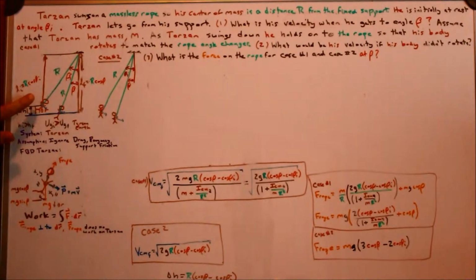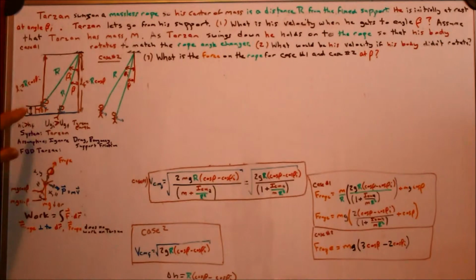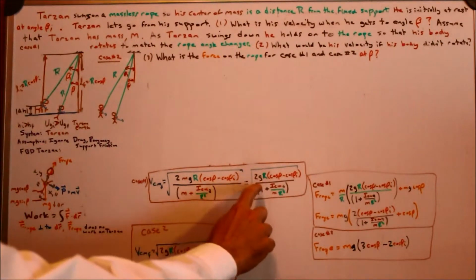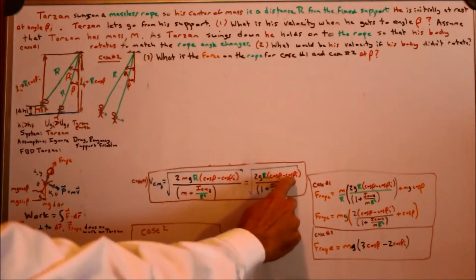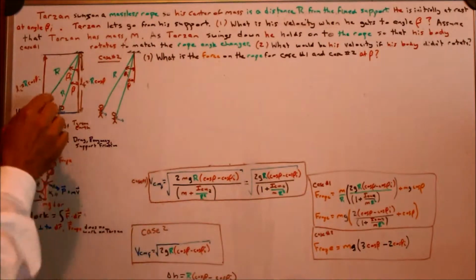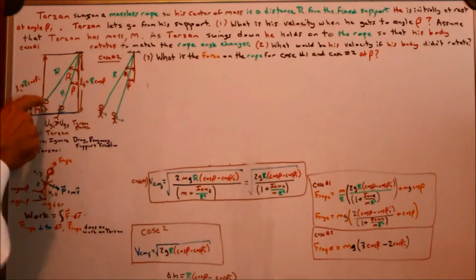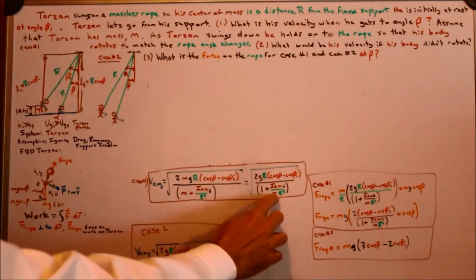Case one, where his body is changing orientation, so he has a rotational term about his own center of mass. This one is 2gr, the same cosine of beta minus cosine of beta initial, but divided by 1 plus the moment of inertia of Tarzan about his own center of mass in the z direction divided by m r squared.